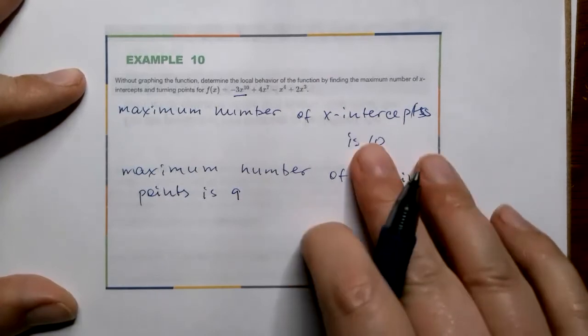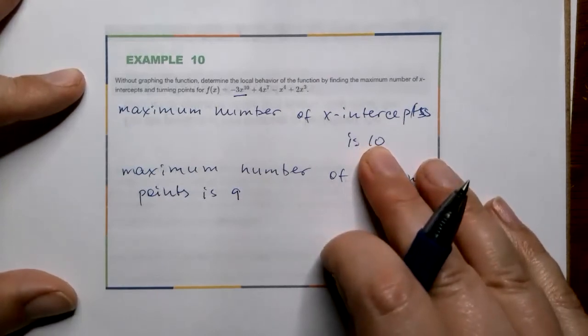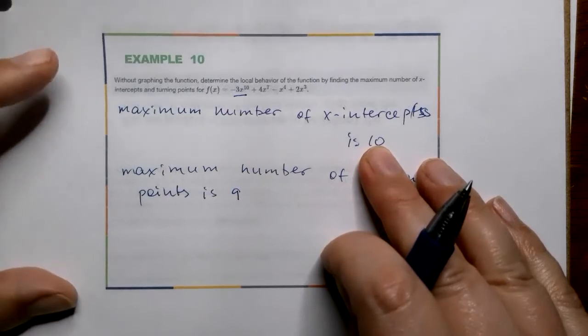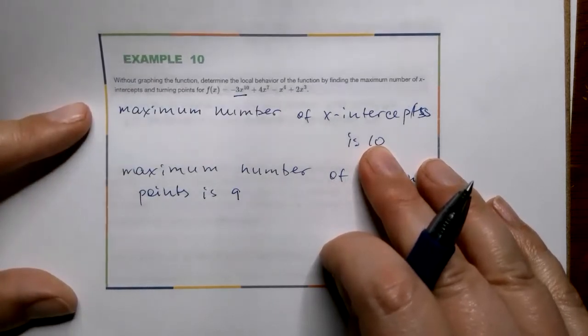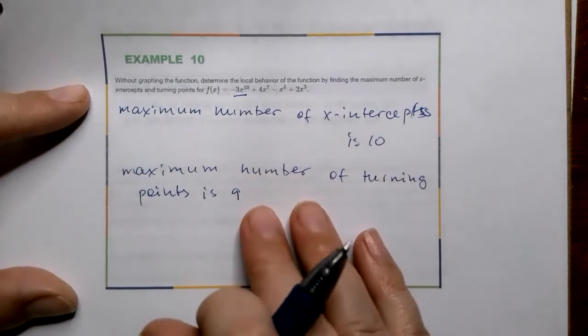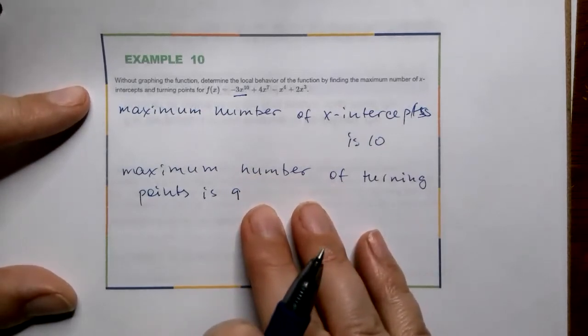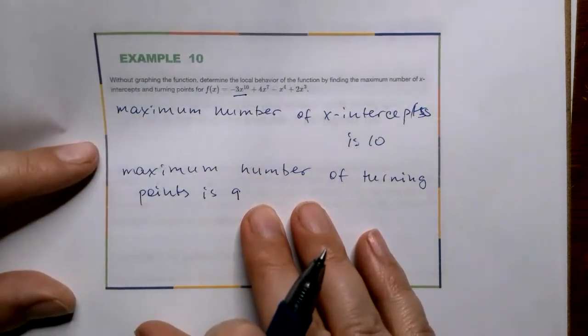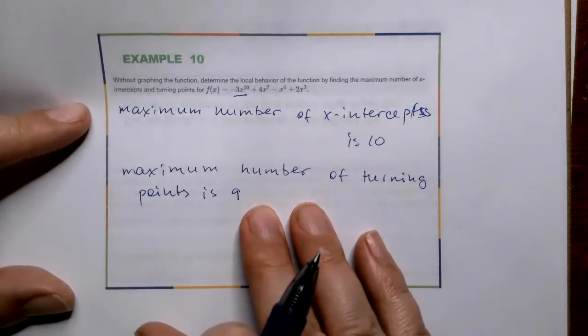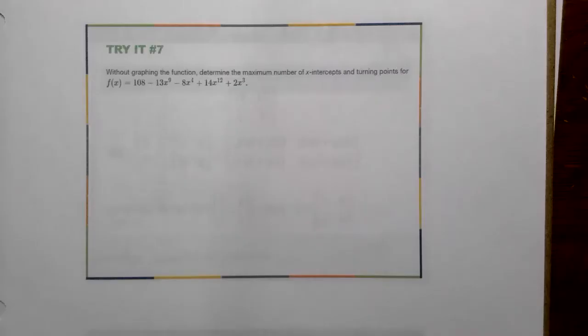Okay, the number of intercepts could be less than 10, but 10 is the most that it could have, and same goes for the turning points. It doesn't have to have all 9, but 9 is the most turning points that it could have. Now it's your turn to try. What is the maximum number of x-intercepts and the turning points for this function?